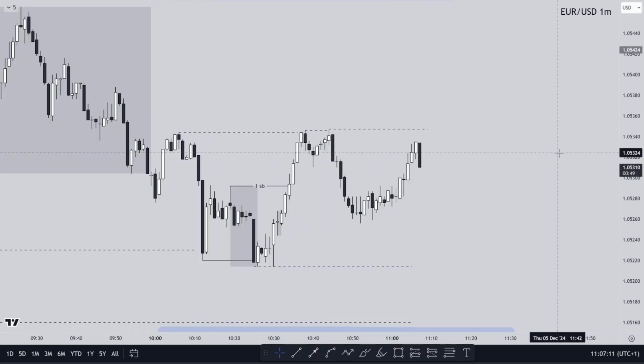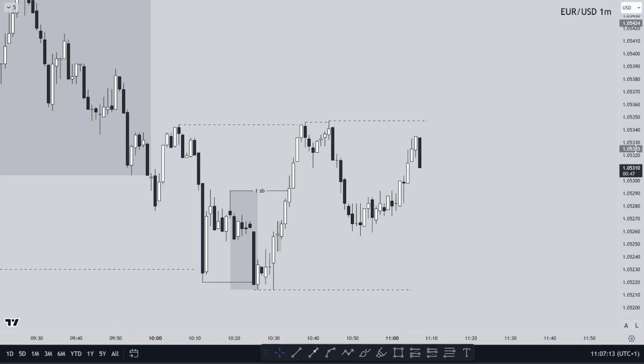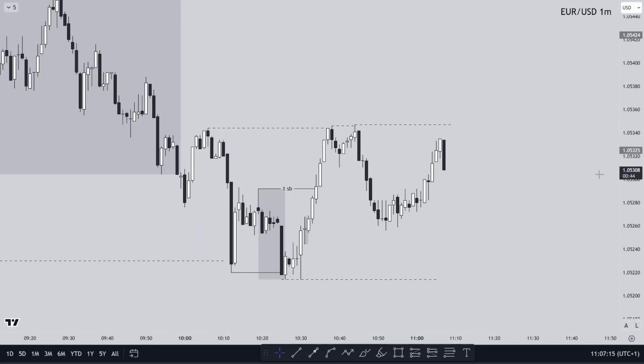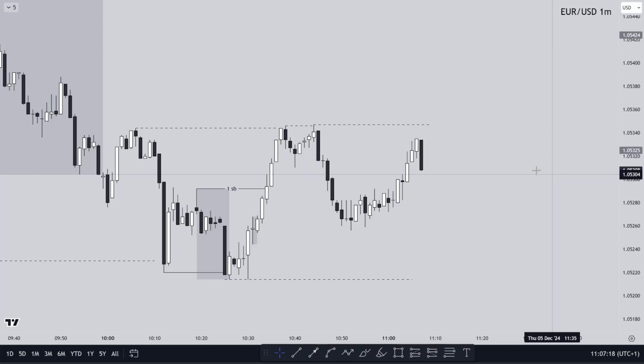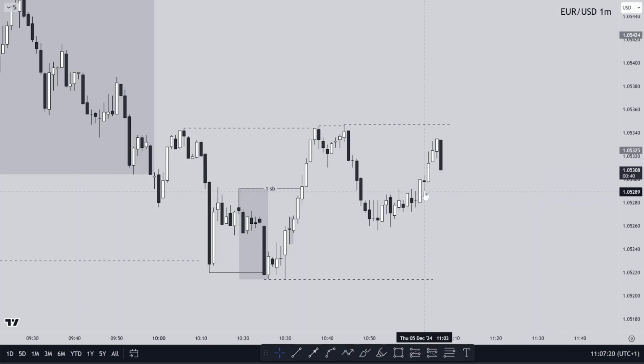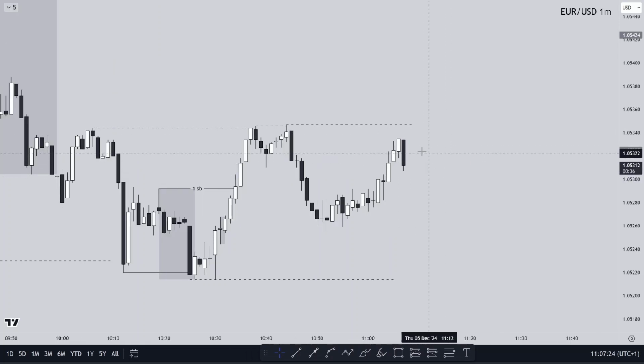So let's see what's happened now, because yes, price went up a little bit. Now let's see if this candle rejects from here.